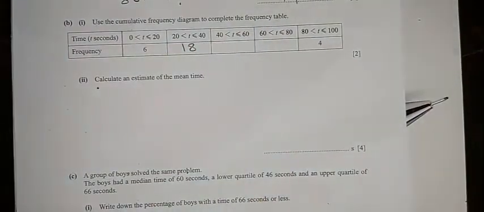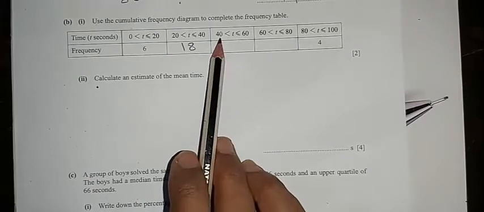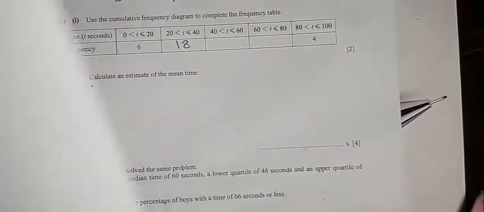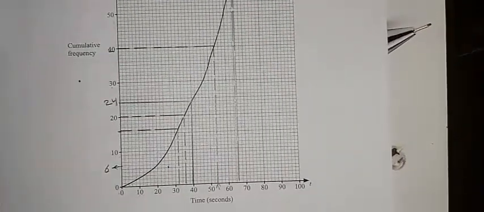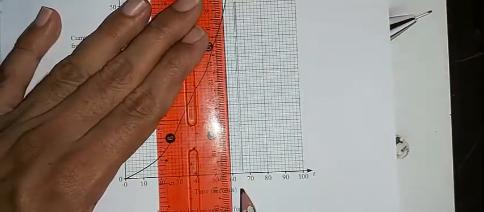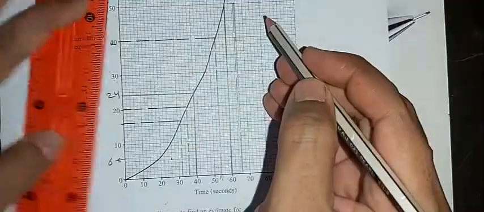The next class here is from 40 to 60. We will go to the upper bound, which is 60. 60 is here. Draw a line.